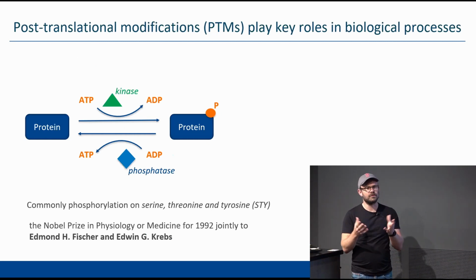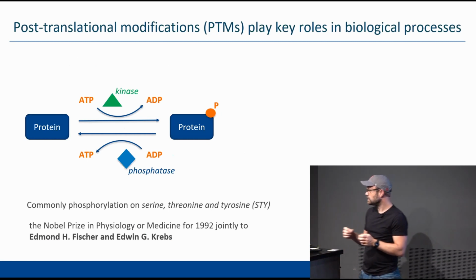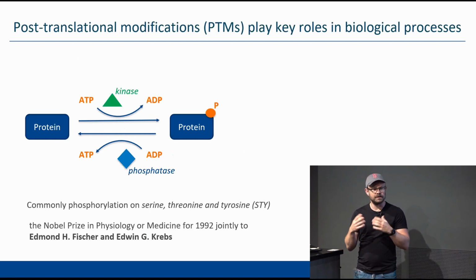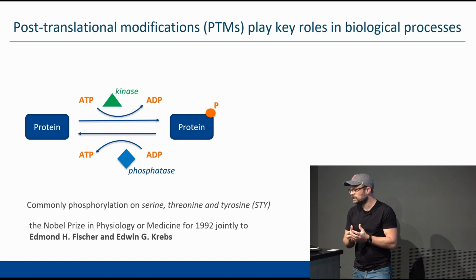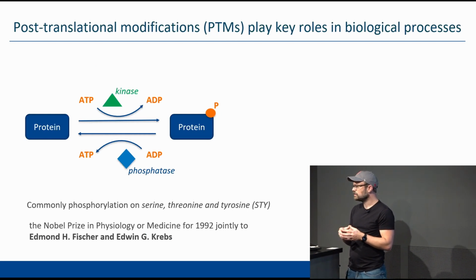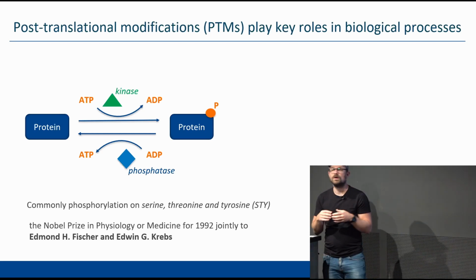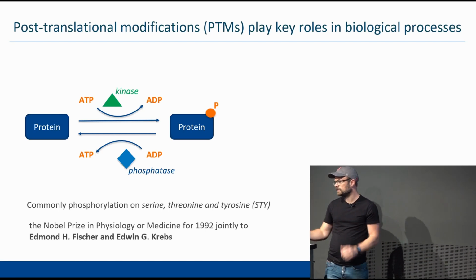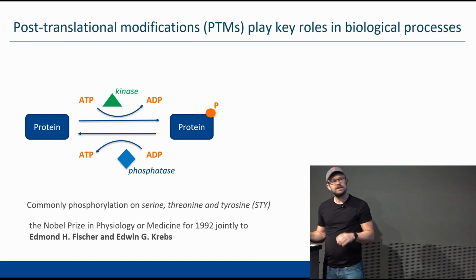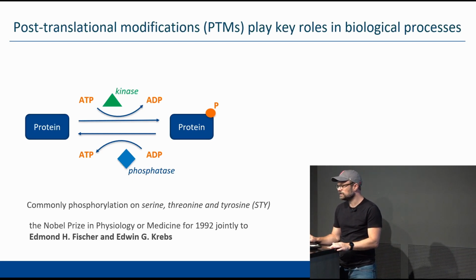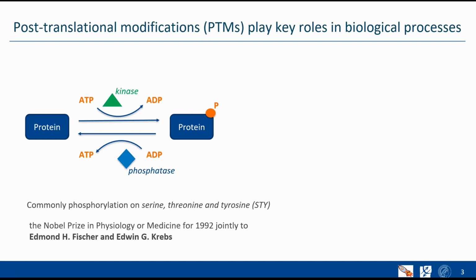This is, of course, a very stable bond, and it alters the conformation of the protein, and can cause activation, deactivation, or otherwise modify its function. It's also reversible, the so-called dephosphorylation, and a phosphatase does this.